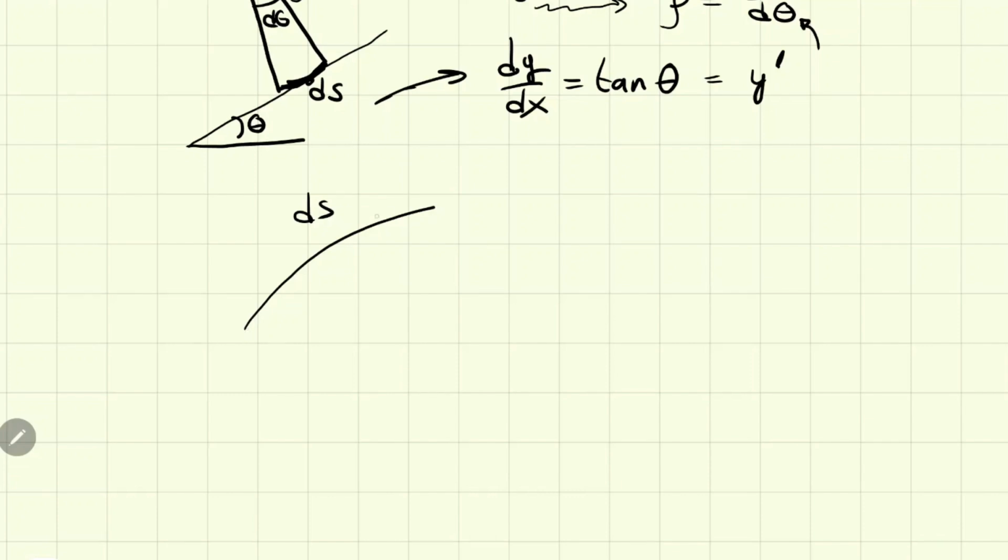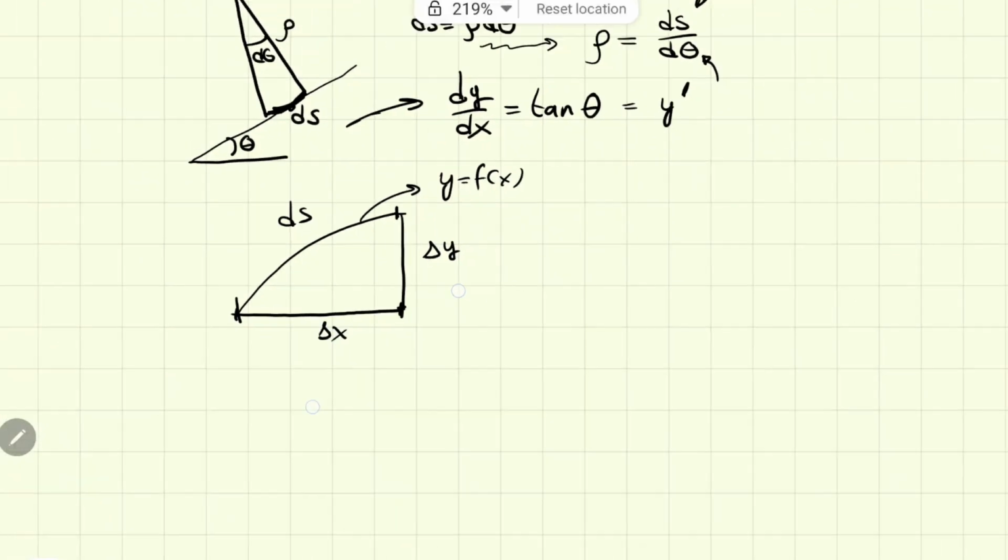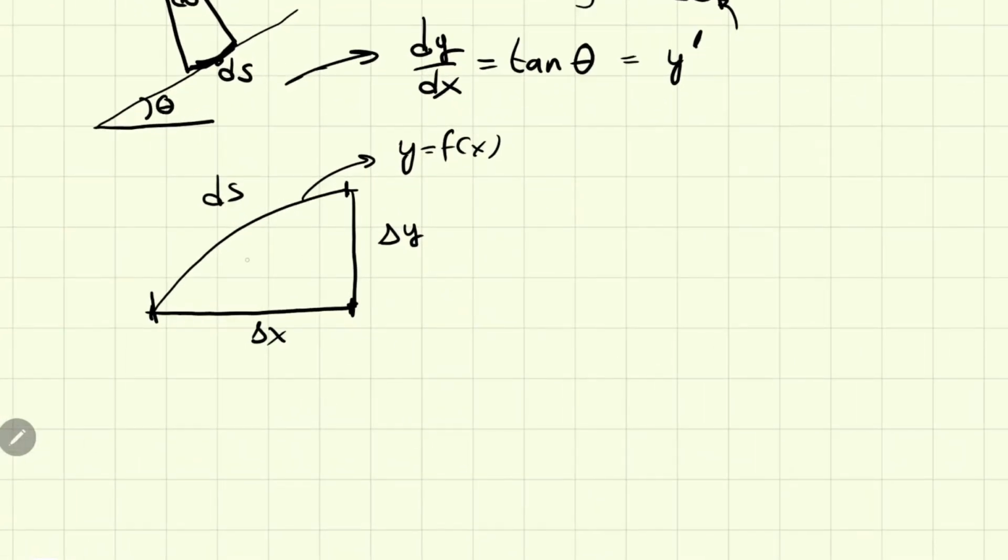For example, let's say that we have a piece of curve ds, which corresponds to the function y equals f of x, but we are just looking at a piece of arc. This piece of arc has a horizontal part and a vertical part, which can be seen as delta y and delta x, right? So we can think that there is a hypotenuse that is almost equal to the element of arc ds.